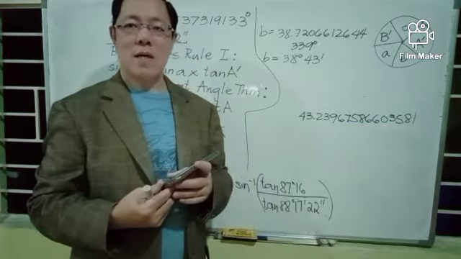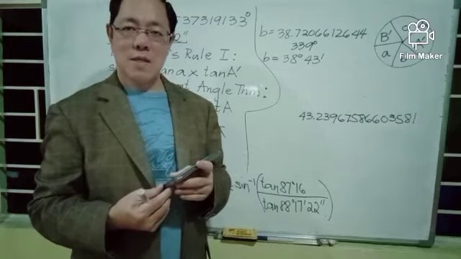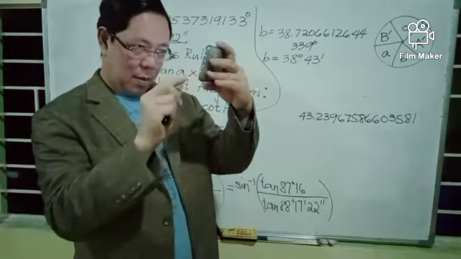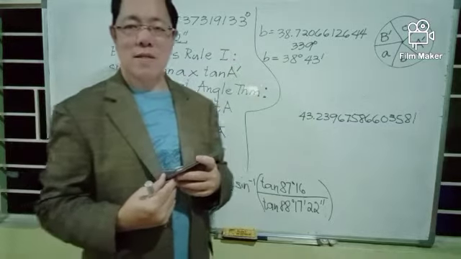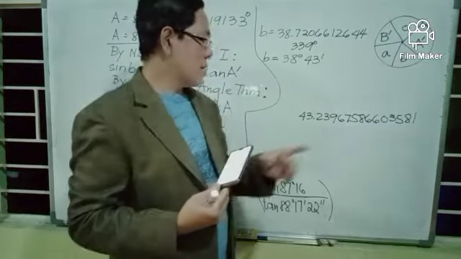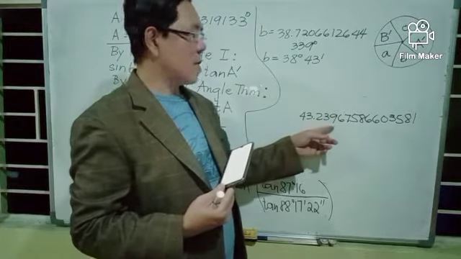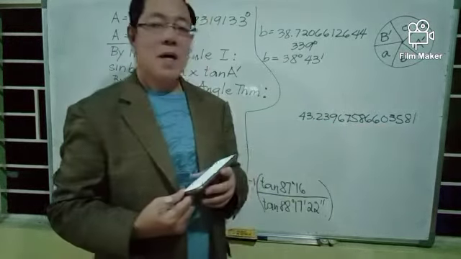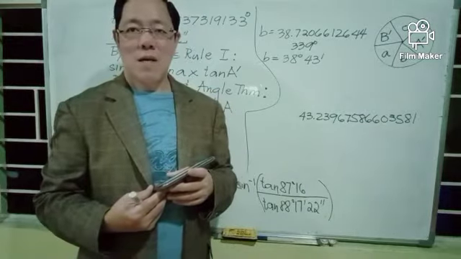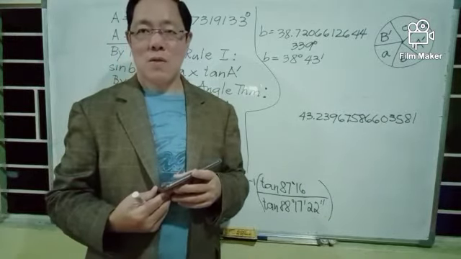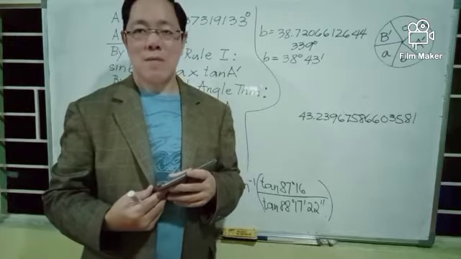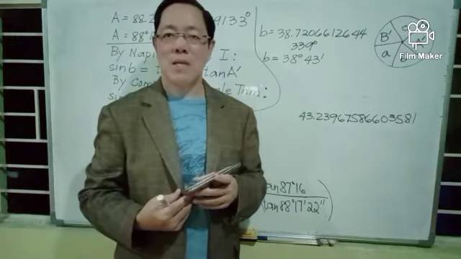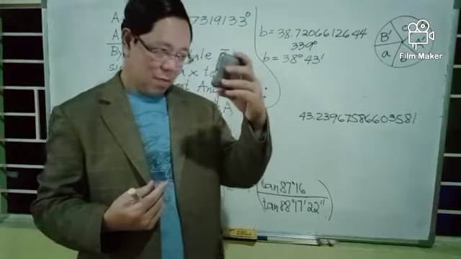Multiply that decimal number by 60, because 1 minute is 60 seconds, and this decimal number is in minutes and we want to convert it to seconds.